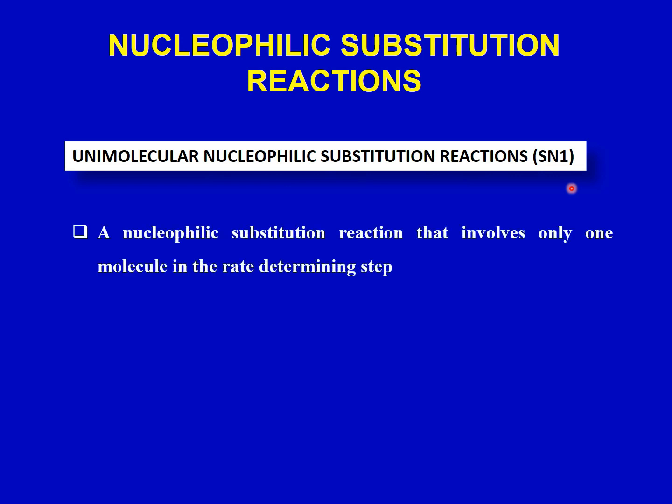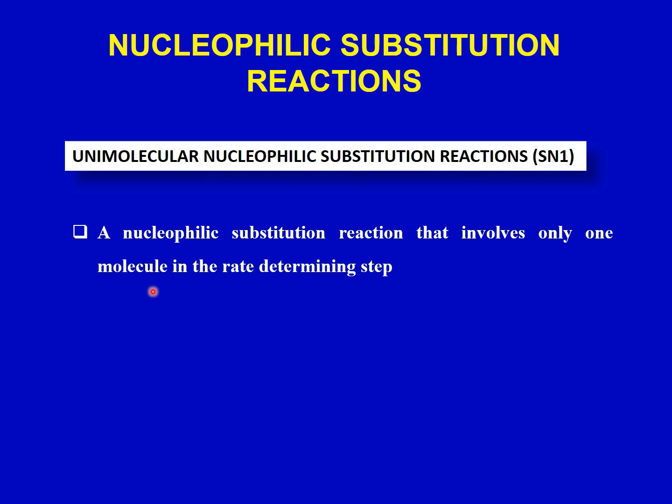These reactions are known as unimolecular because their rate determining step involves only one molecule. It's a nucleophilic reaction; a nucleophile is involved.